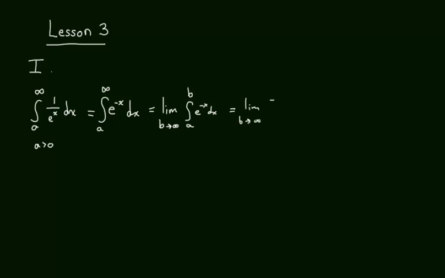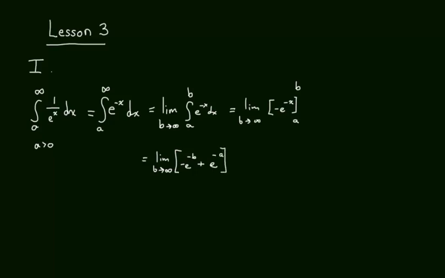And moving along further, this is the limit as b goes to infinity. The antiderivative is going to be negative e to the negative x. And again, we're taking from a to b. So that's going to equal the limit as b goes to infinity of negative e to the negative b minus negative e to the negative a, so plus e to the negative a.